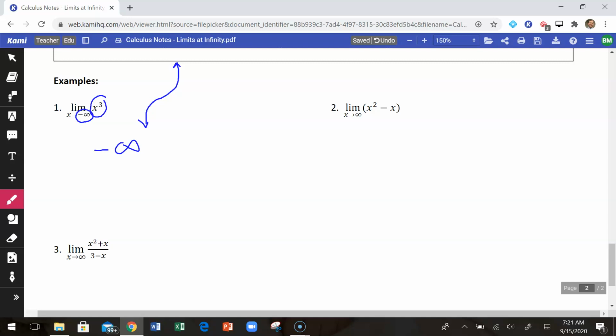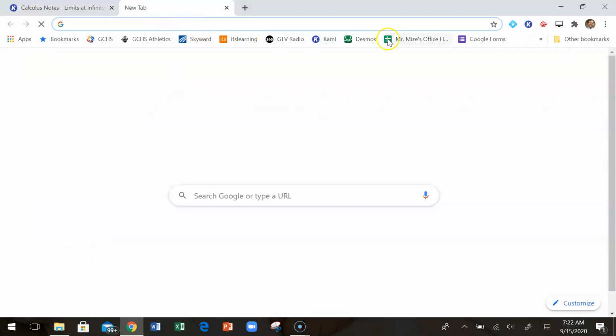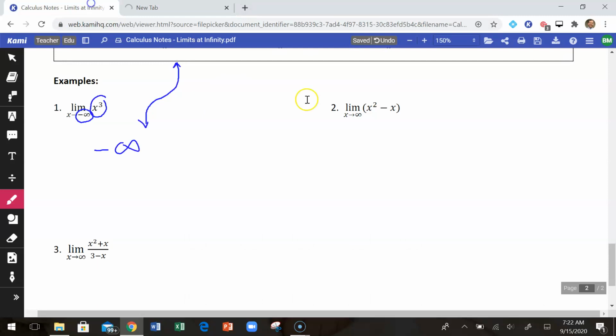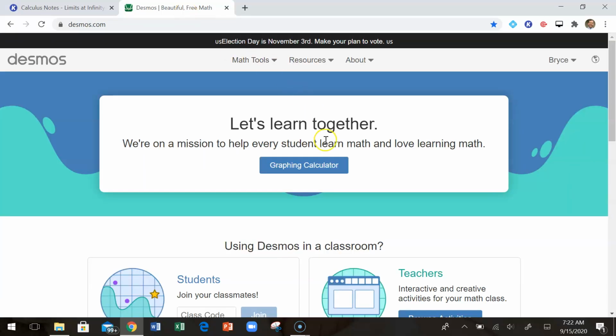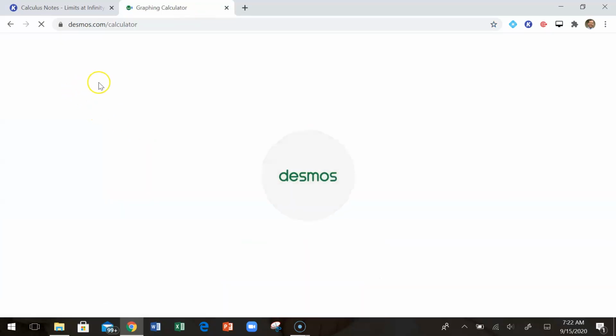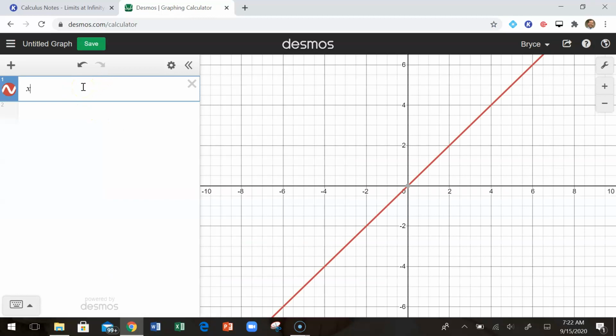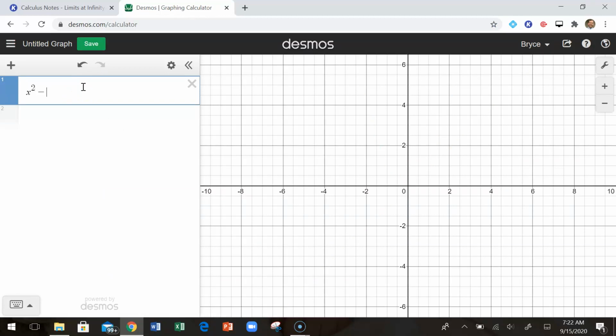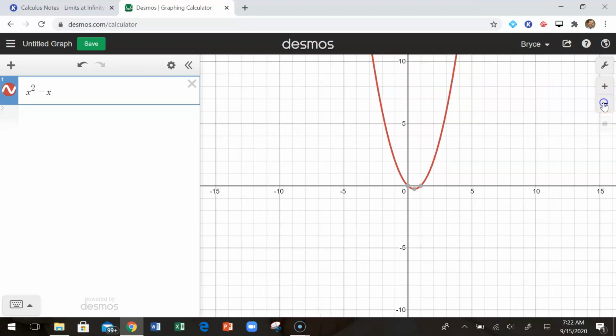Okay. X squared minus x, what happens as the x's approach infinity? I'm going to graph this one because, again, if we plugged in infinity, we would have infinity minus infinity, and we're looking at a difference of infinities that we don't necessarily know how to handle here. So if we just take a look at x squared minus x, if you think about that graph, it's just a parabola, right?